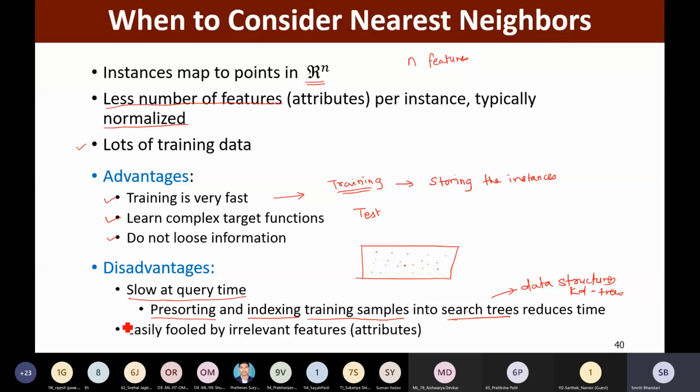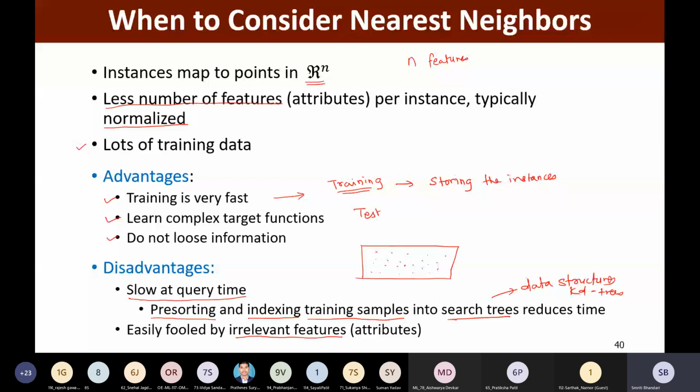Another disadvantage is that sometimes we have irrelevant features in our data set describing the instances, and then the nearest neighbor algorithms are easily fooled by these irrelevant features.